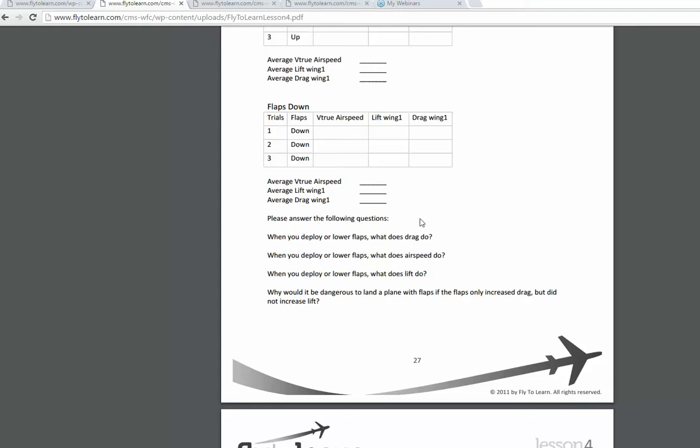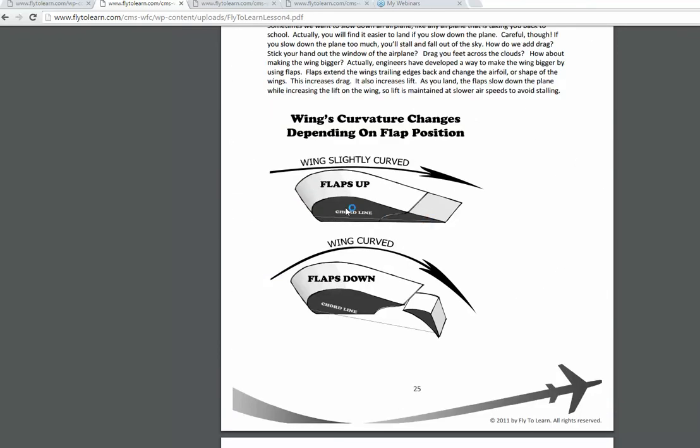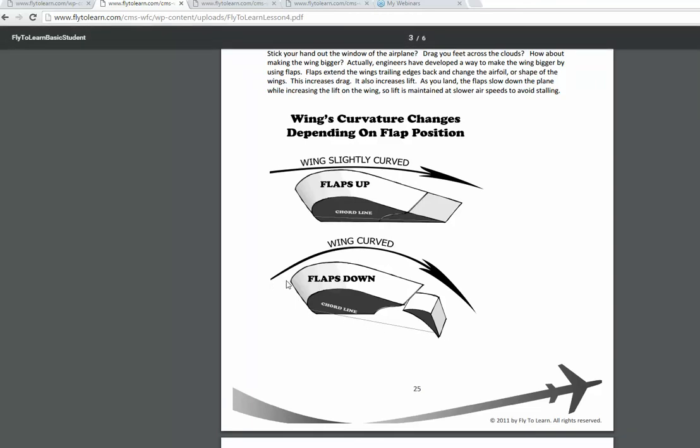Lift is actually going to increase with the flaps down. A little bit counterintuitive, but if we talk about Bernoulli's method, when the flaps are down, this has to travel a much farther distance. Has to travel a lot faster than the air on the bottom of the wing. And this differential of pressure makes this configuration have more lift than this one.